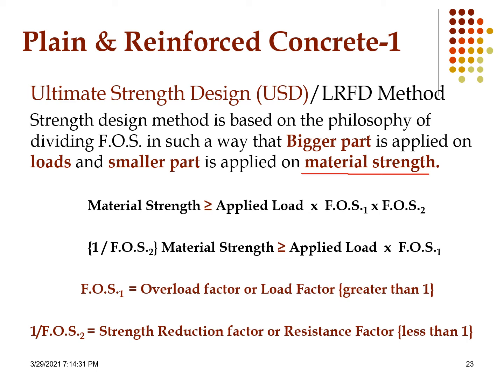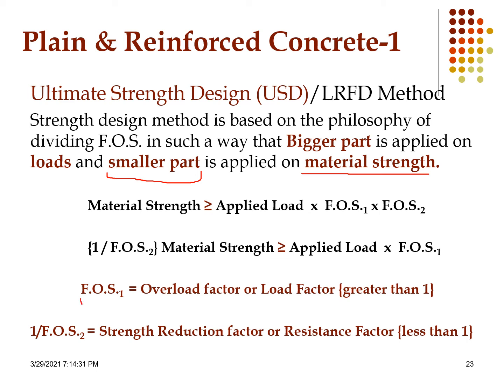So material strength is greater than or equal to applied load multiplied by factor of safety 1 multiplied by factor of safety 2. So we have two factors of safety. The smaller part needs to be applied on material strength and the bigger part needs to be applied on load.